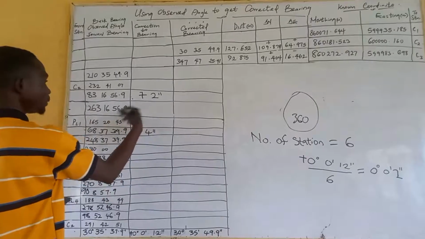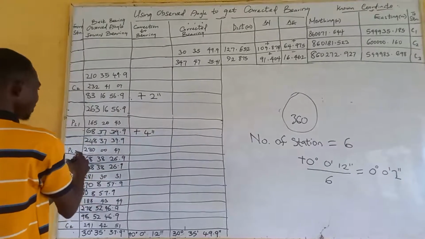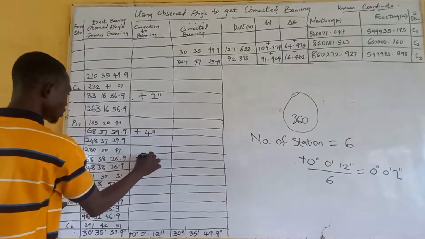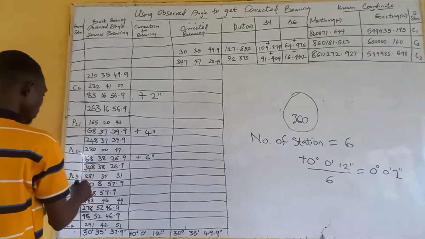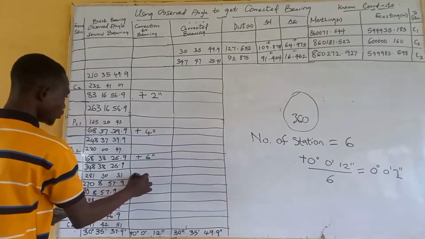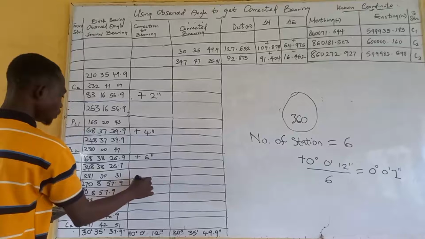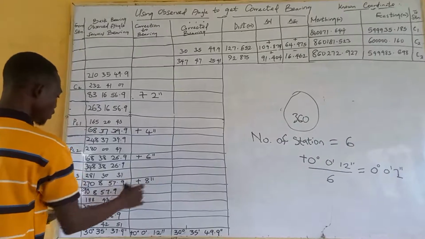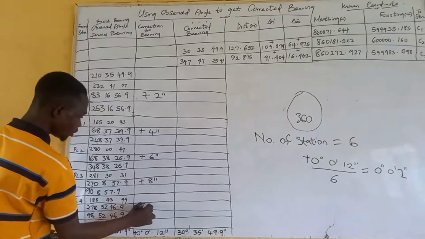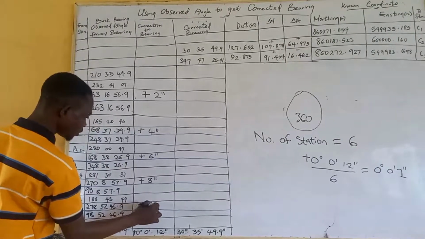You continue repeating the process for the next station, which is this. This one is going to be plus 6 seconds. The next one, when you punch your calculator, is going to be plus 8 seconds. Likewise, this station here is supposed to give you plus 10 seconds.